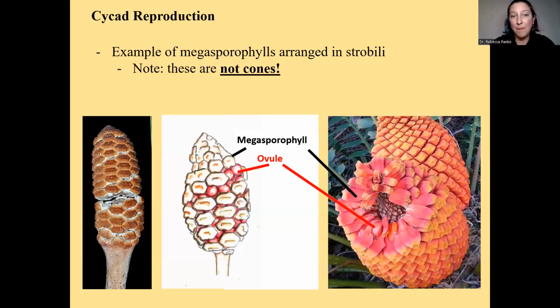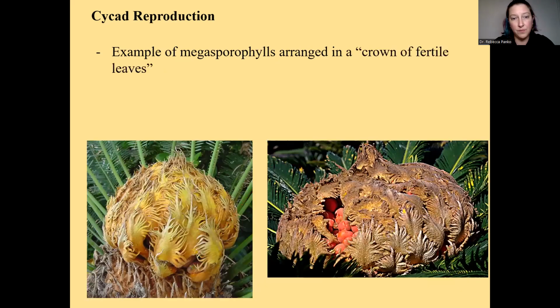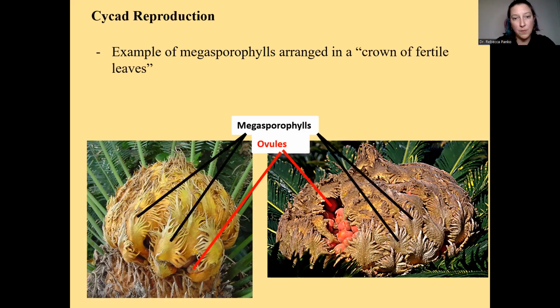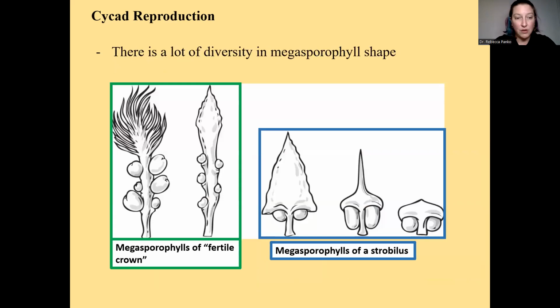But regardless, if you're a Microsporophyll, you have an ovule attached to you. So whether you look like this weird little soup cracker thing, you still have an ovule attached to each Microsporophyll. And likewise, if you're this leaf in the fertile crown, you'll still have ovules attached to you as well. This is what I showed you last time.